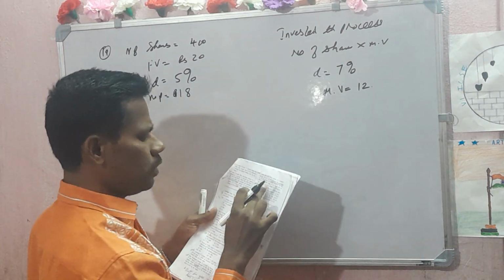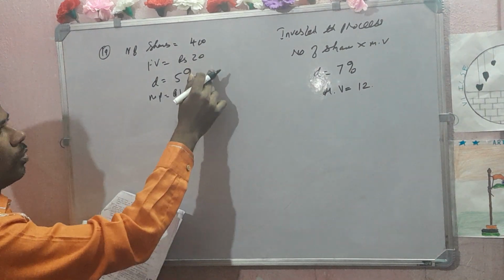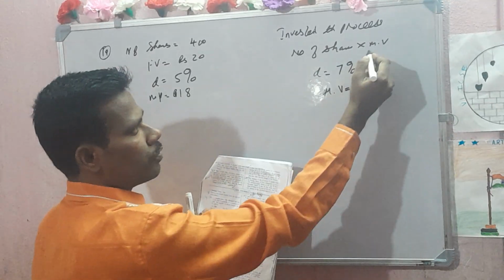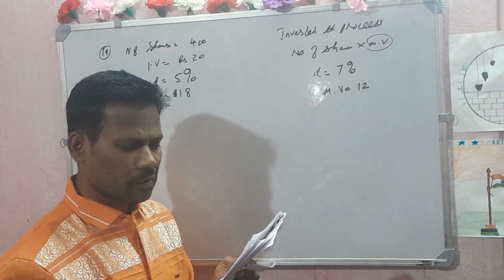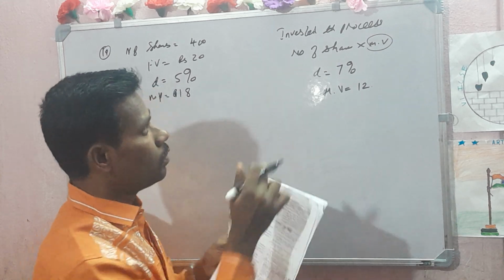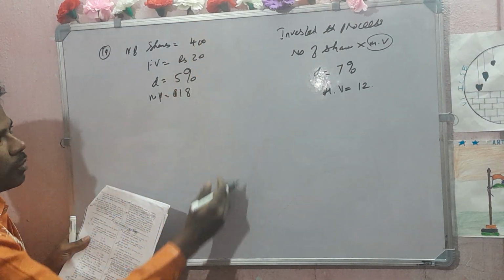So what is the meaning of this? Market value is given as 18, and invested the proceeds means number of shares into market value, I told you. So first let us calculate this part and this part.